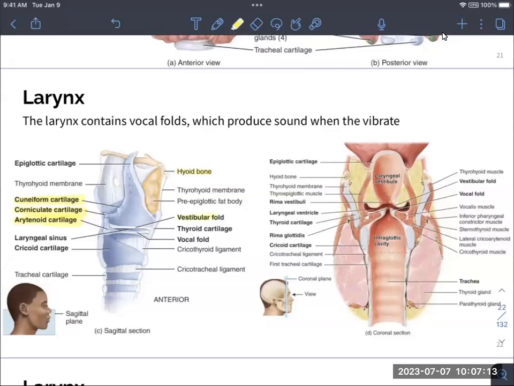The top of these two portions is the vestibular fold. The next one down is the vocal fold. We even have the cricoid cartilage found throughout here.